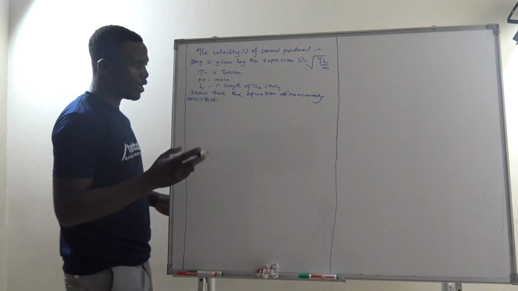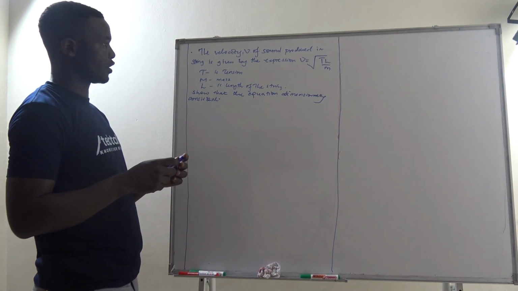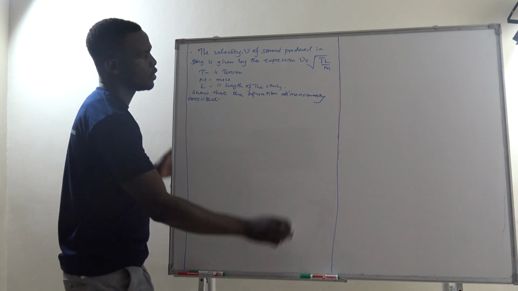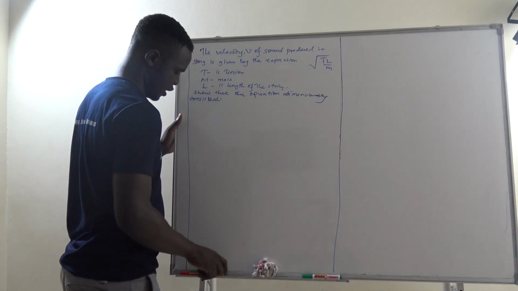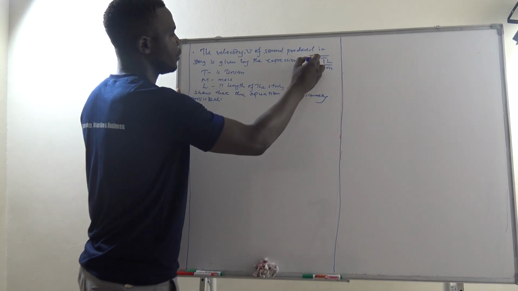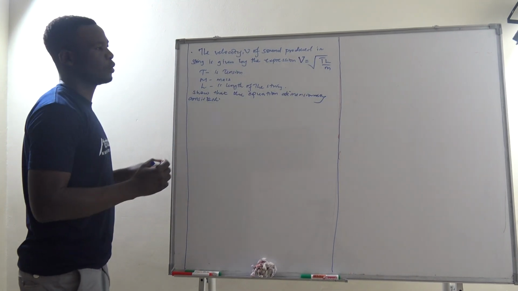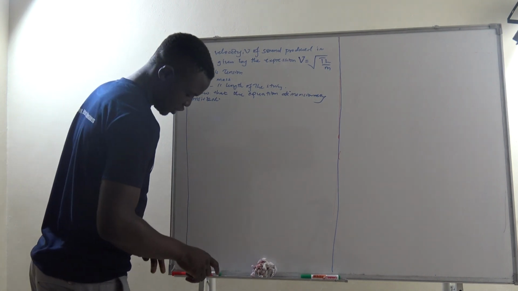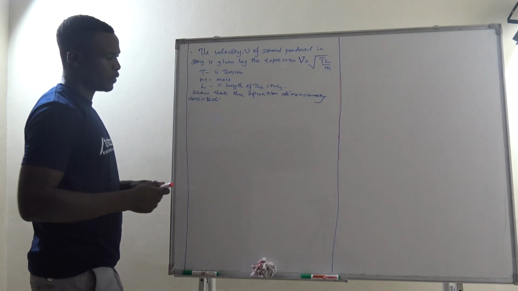They're saying that the velocity of sound produced in a string is given by the expression. Let me write it properly: v is equal to root TL over m. Show that the equation is dimensionally consistent.